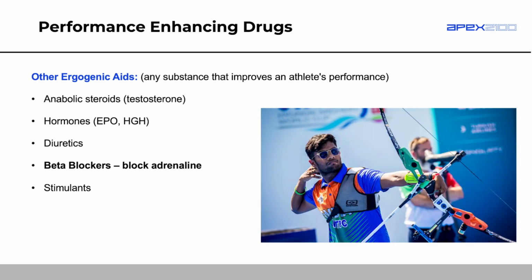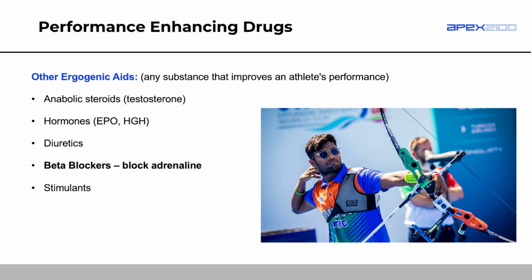Then there's beta blockers. So beta blockers is an interesting one. This would probably harm most athletes because they reduce blood pressure by blocking the effects of adrenaline. So for most sports, we want some sort of adrenaline response. We want an increase in heart rate, etc. Whereas a beta blocker leads to a decreased heart rate and improved blood flow throughout the body.